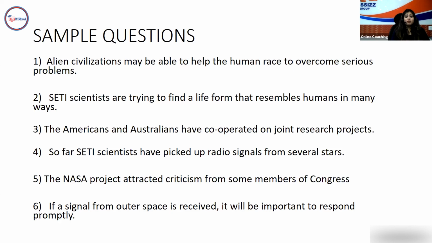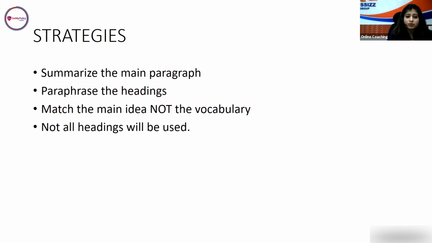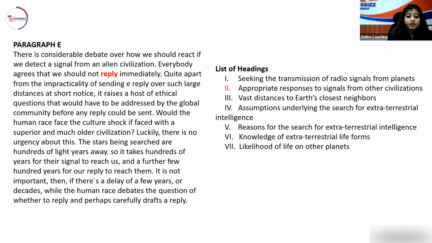If a signal from outer space is received, it will be very important to respond promptly. Okay, I'll read the question again for you. If the signal from outer space is received, it will be important to respond promptly. That means if we receive a signal from outer space, we'll have to immediately respond. So now let's see. I think that was in the last paragraph. Okay.